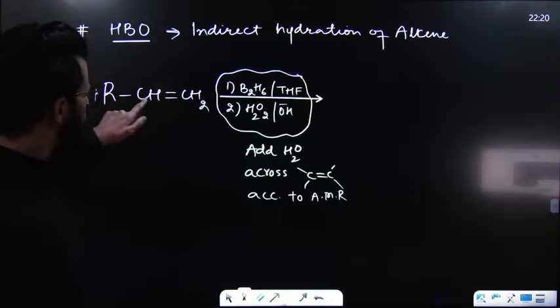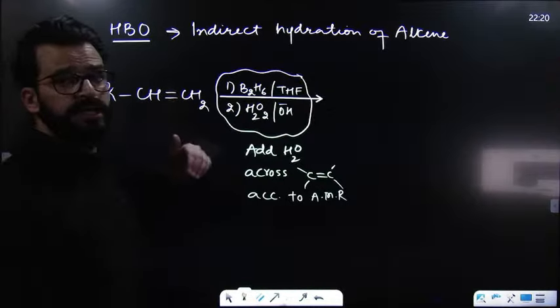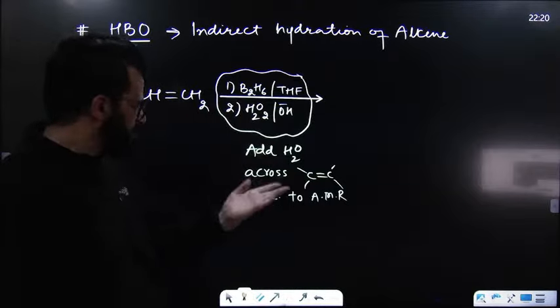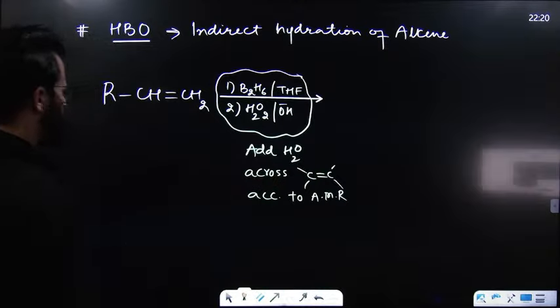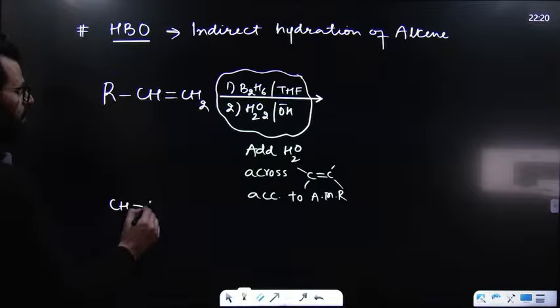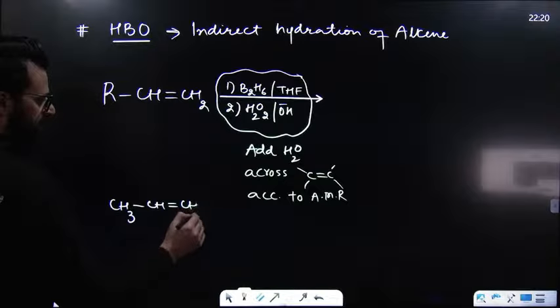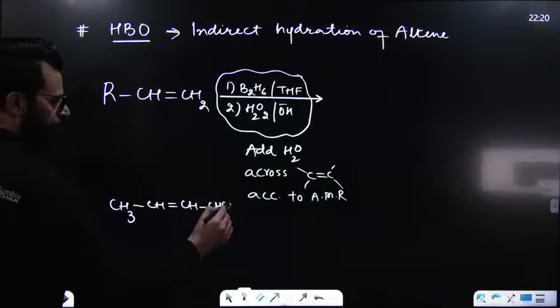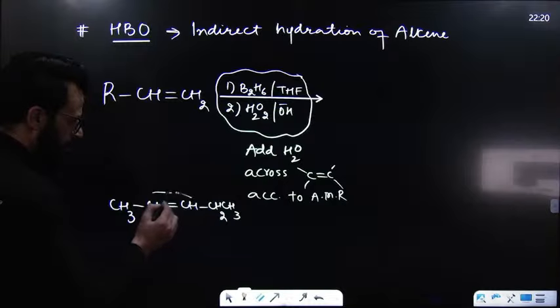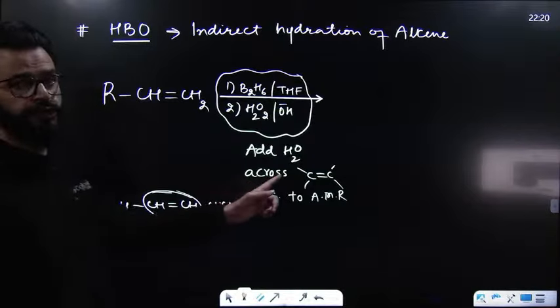That means if you have a carbon-carbon double bond with one carbon having a lesser number of hydrogens and the other more, then you use this one. But if you have an alkene like this, for example CH3, then CH, then double bond CH, then CH2, CH3, this is also an unsymmetrical alkene. But here the carbon-carbon double bond has the same number of hydrogens, so you cannot use this trick.